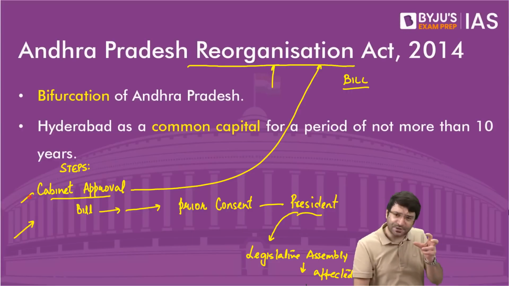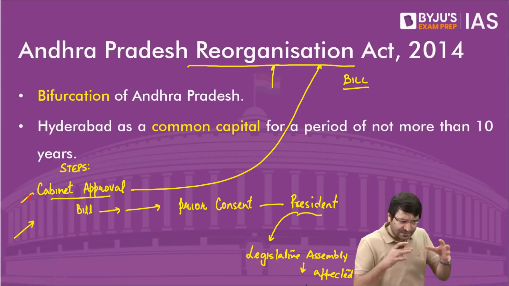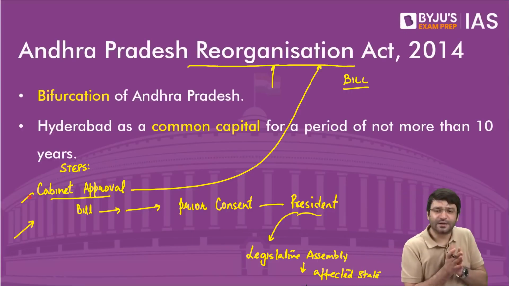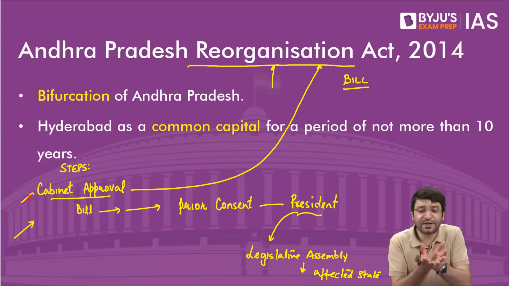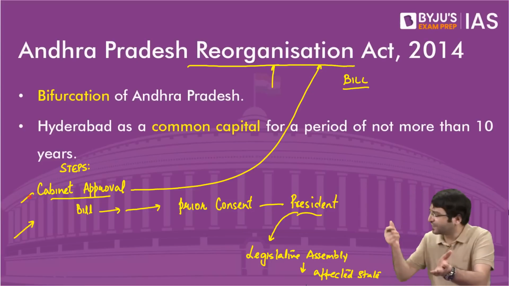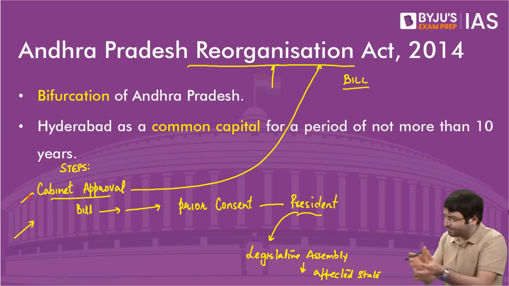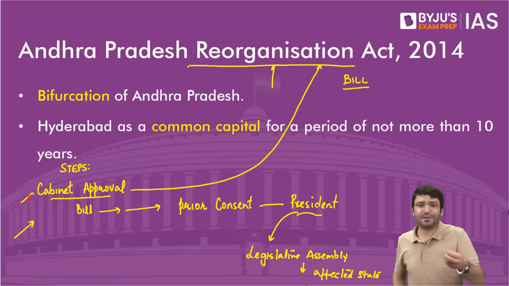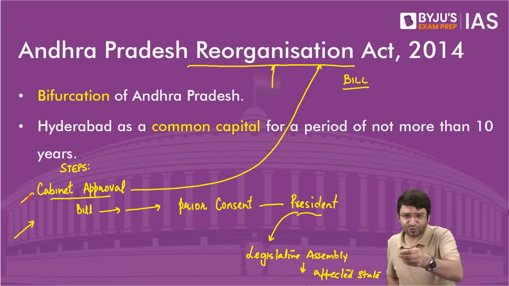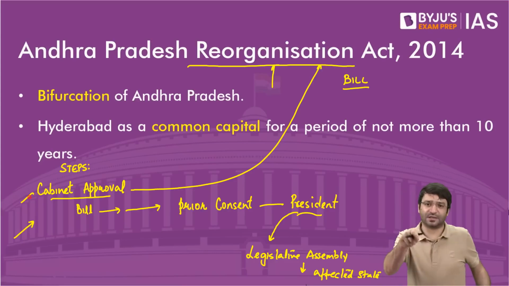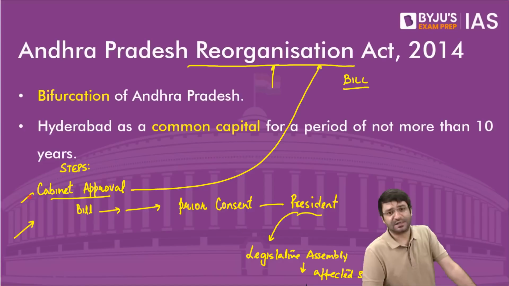So this Andhra Pradesh reorganization bill, once it was cleared by the Union Cabinet said, now we can't place it in the Parliament because first we have to seek the prior consent of the President of India. This bill will be sent to the President. Dear President, please give us the permission to introduce this bill in the Parliament because this is a bill under Article 3. President says, I have to follow a consultative process.